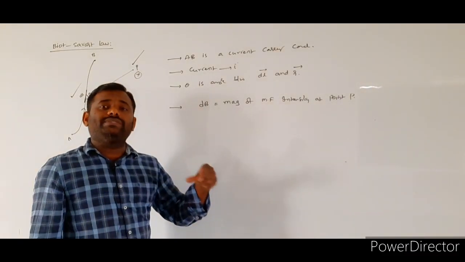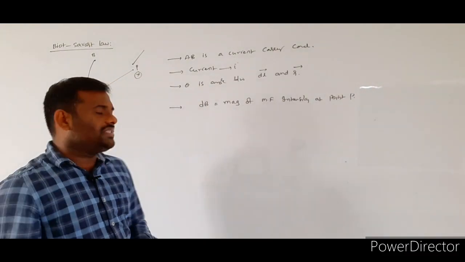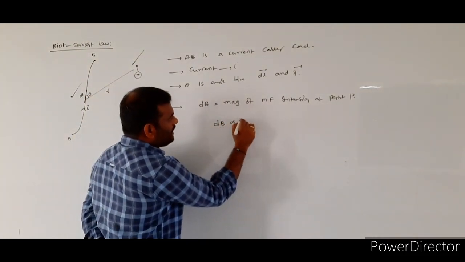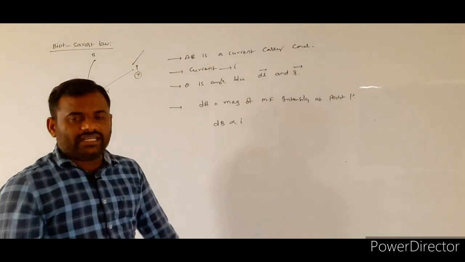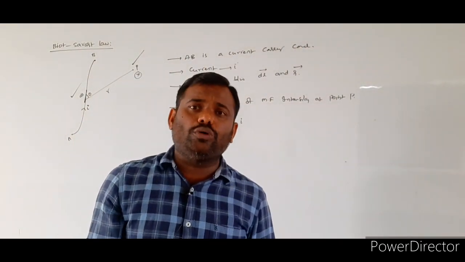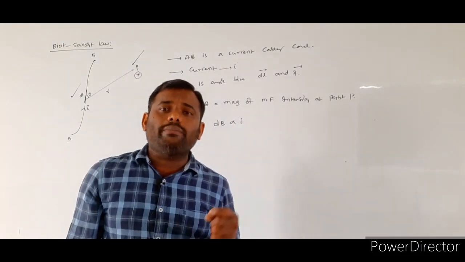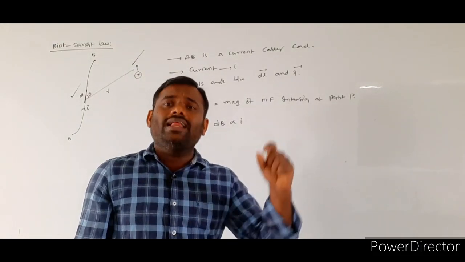From their observations, they found that dB is directly proportional to I. If the current value increases, the magnetic field intensity also increases.